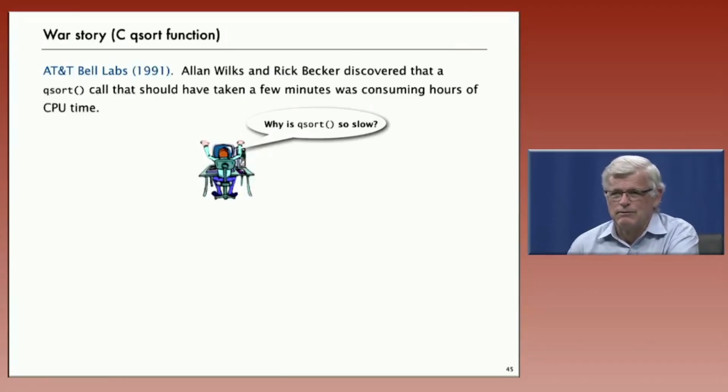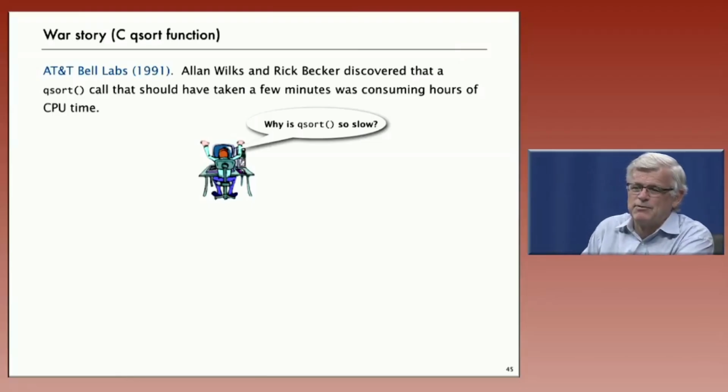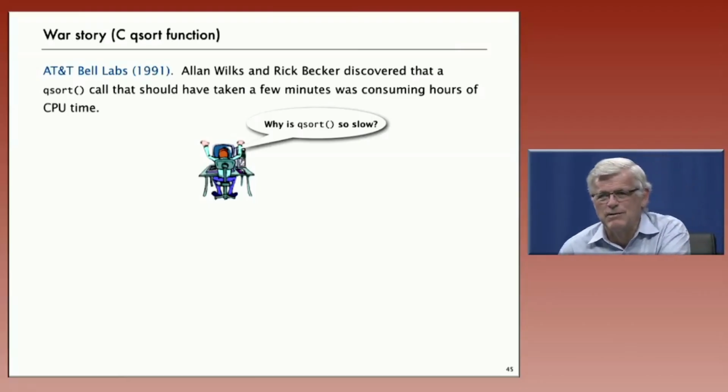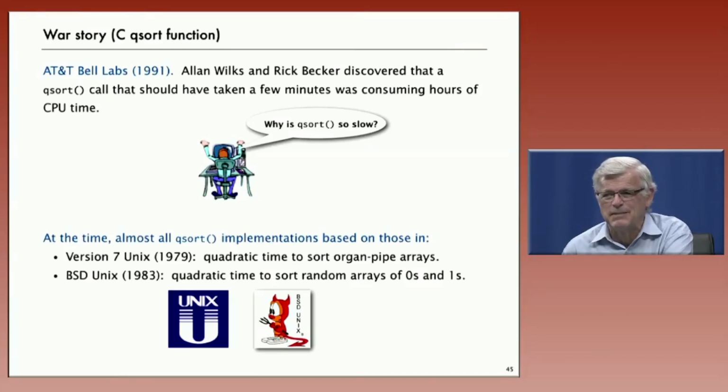Now, I referred to this idea of a good system sort. There was a good system sort that a lot of people used for many years. And in 1991, there were some scientists at Bell Labs that were using qsort for a scientific problem, and they were used to it taking just a few minutes, and then they realized that it was taking hours of CPU time.